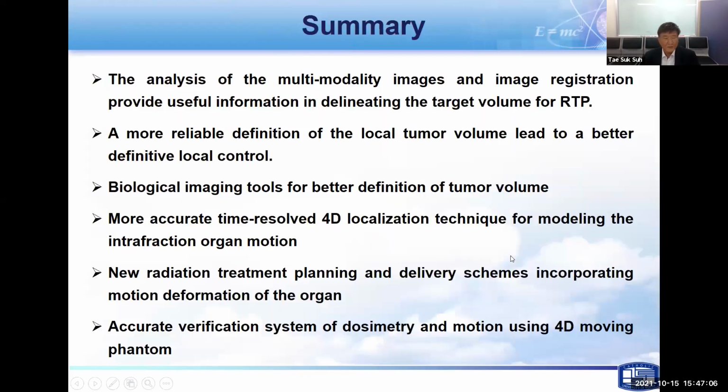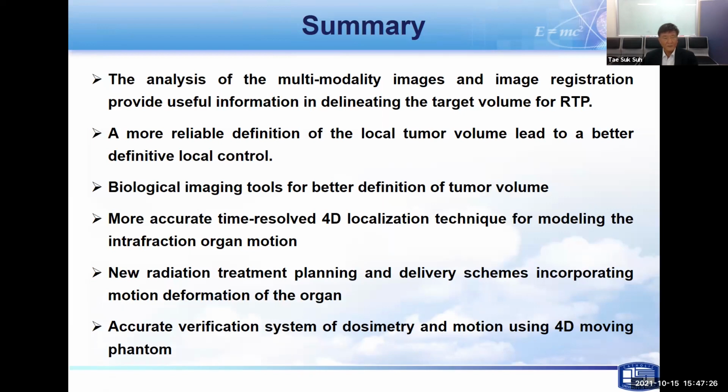Okay, in summary, the analysis of multi-modality images such as PET-CT or PET-MRI and image registration provide useful information for delineating the target volume for radiation therapy planning.